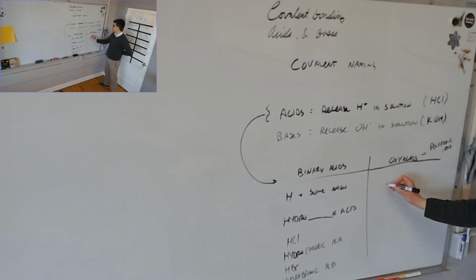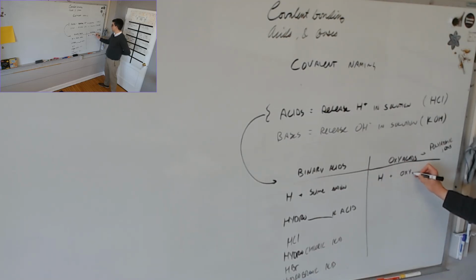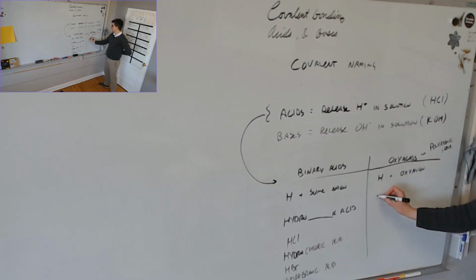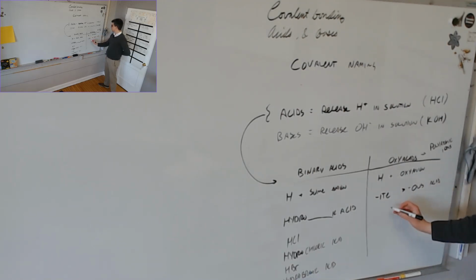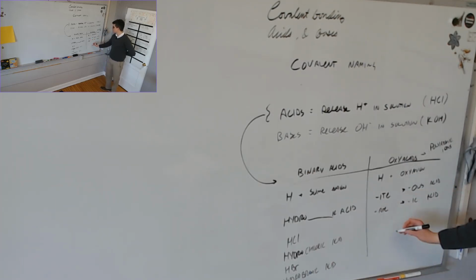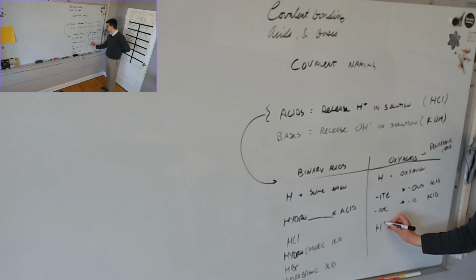So for instance, it would just be hydrogen plus an oxyanion. And it's always going to take the form of, if the oxyanion was ite, it turns to ous acid. Ate turns to ic acid. So sulfite, H2SO3.